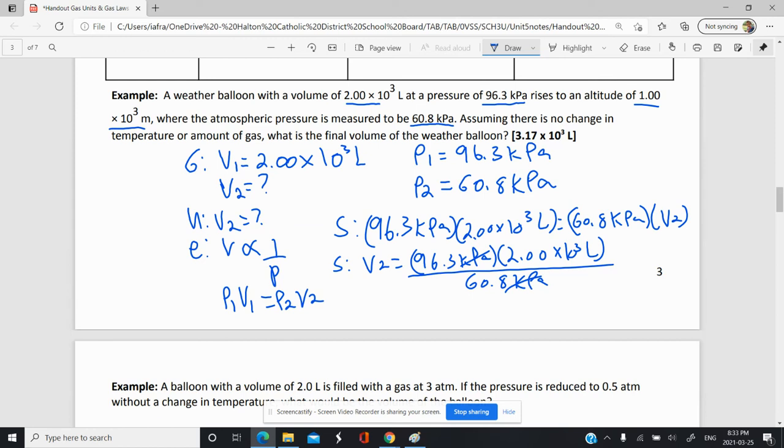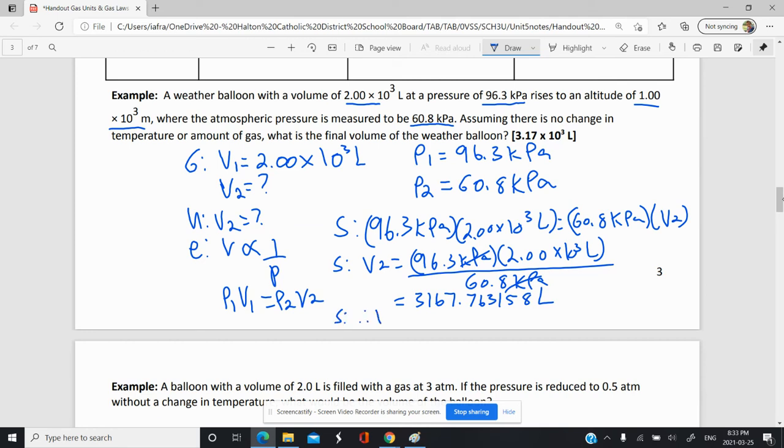and we get approximately 3,167.763158 liters. But we have to have a therefore statement, and we have to have the proper number of significant figures.